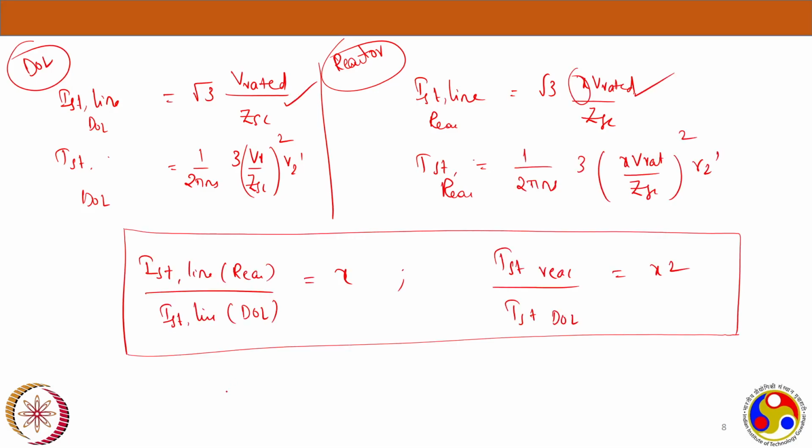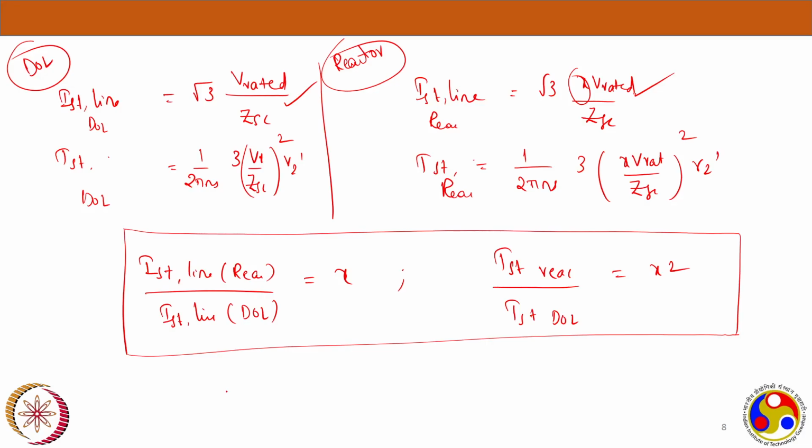So what does this ratio actually mean physically when you include reactor-based starting? It says that your starting current in the reactor-based starting will be reduced by X times, and your starting torque will be reduced by X square times.